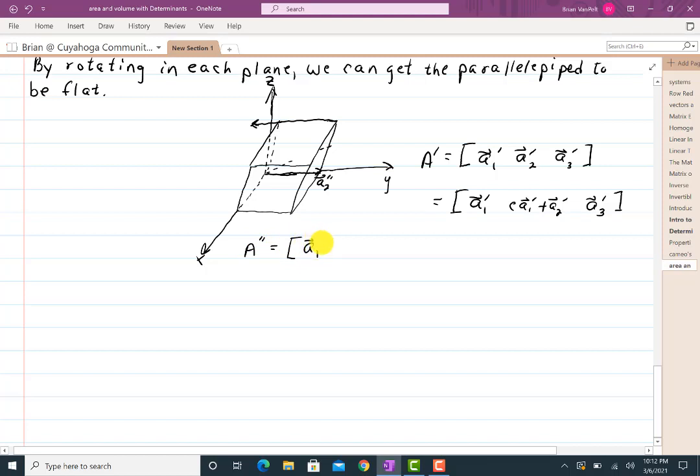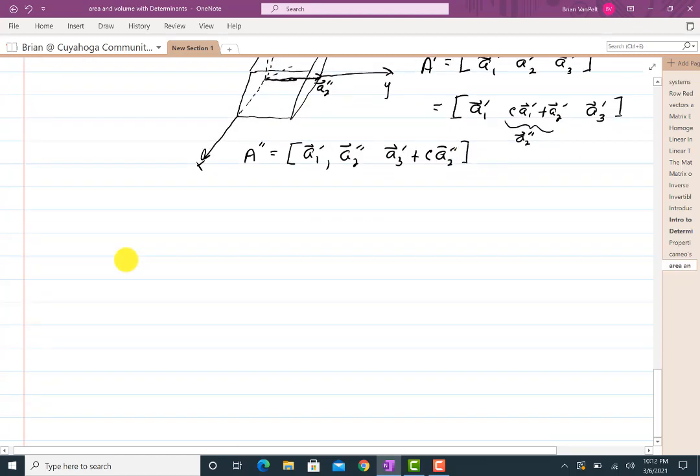Here we'll still have our A1 prime. We had an A2, this stuff here was A2 double prime. So the third column would be A3 prime plus some multiple of A2 double prime. And that will finally snug it up against the xz plane, and you'll be left with a nice rectangular figure that looks something like the following.